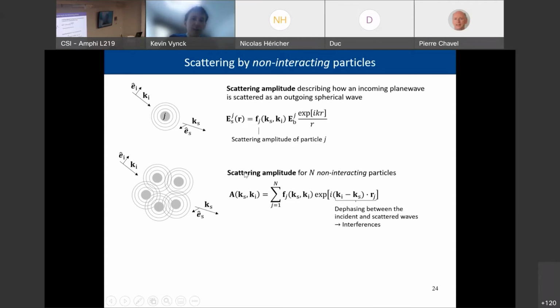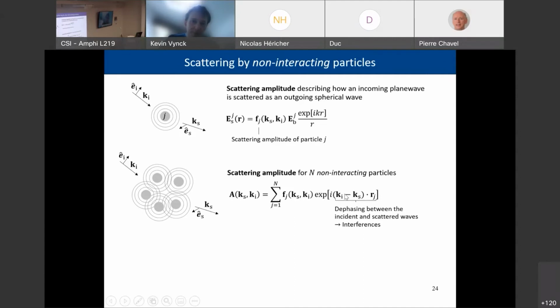Then I can define a scattering amplitude for this assembly of particles. That is simply the sum of the different scattering amplitudes of the different particles. And I have to add a term that accounts for the dephasing due to the different position of the particles here. So this term is an exponential.